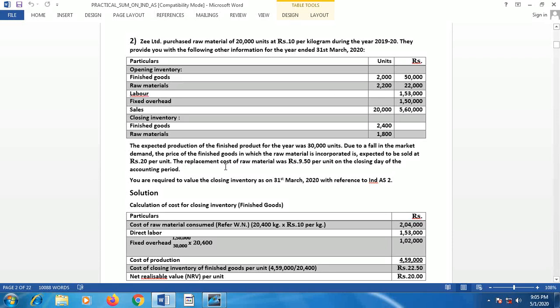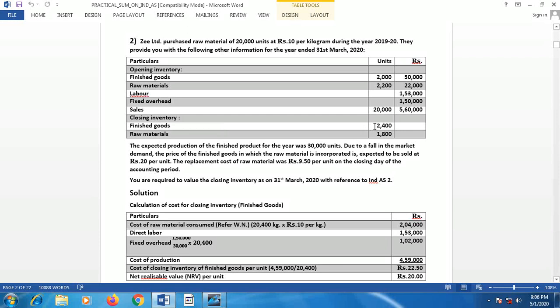Ind AS 2 relating to inventories explains how the inventory consisting of finished goods and raw materials is to be valued. Regarding finished goods, under Ind AS 2, the valuation method is cost of production or expected selling price, whichever is less.